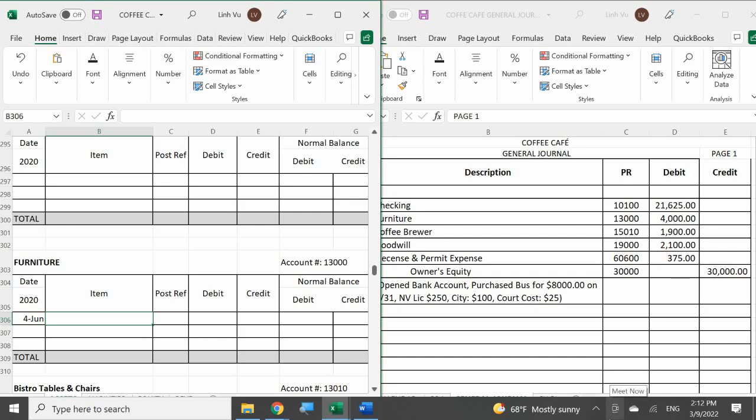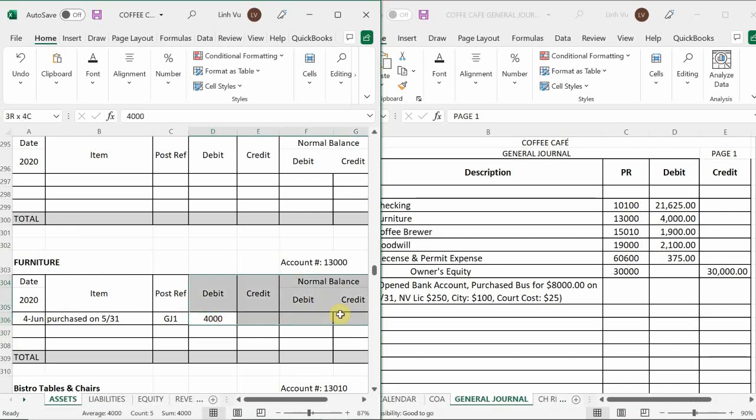But what I can do is say purchased on May 31st. Okay? Post reference, journal number 1. Okay? And how much did I buy the furniture for? Well, it increased my account on the debit side by $4,000.